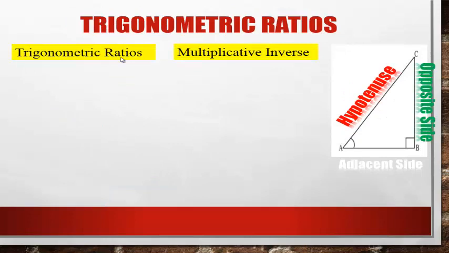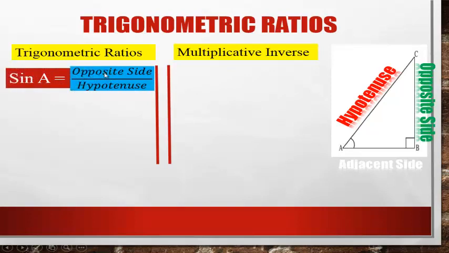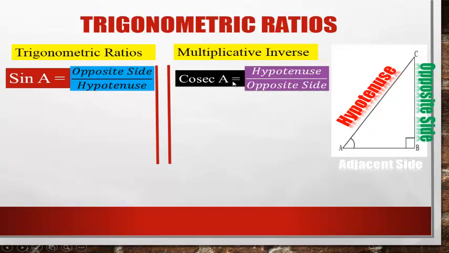Let us revise all the trigonometric ratios now. These are the trigonometric ratios and these are their multiplicative inverses. First one is sin A, that is opposite side by hypotenuse. Its multiplicative inverse is cosecant A, that is hypotenuse by opposite side.